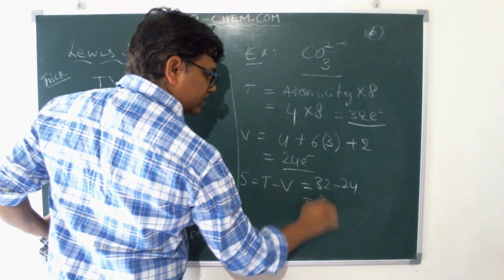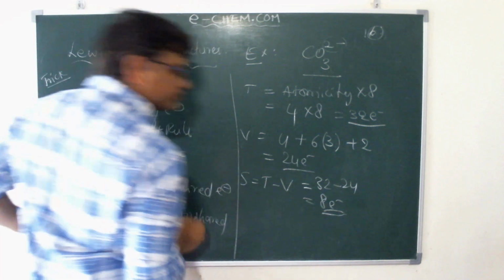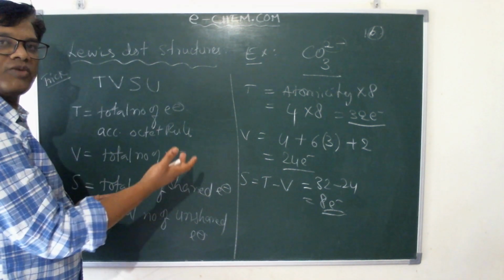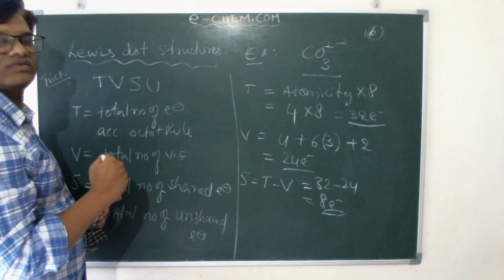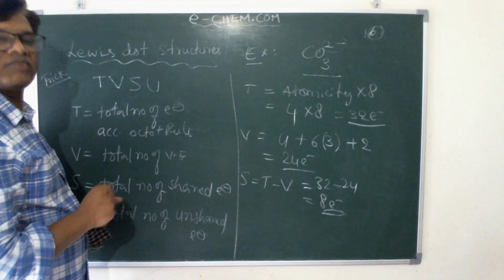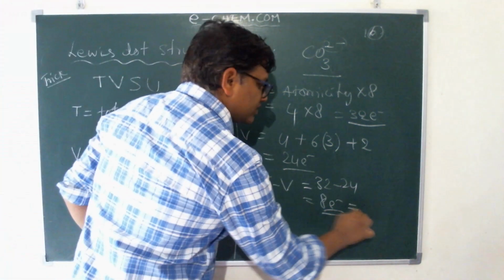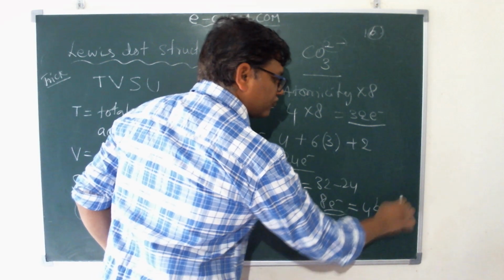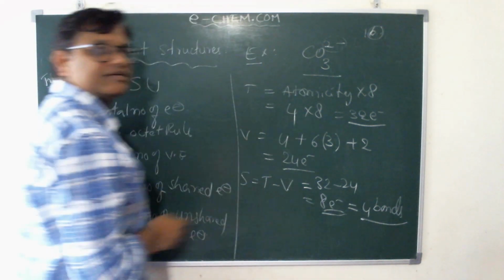So I am getting 8 electrons here. 8 shared electrons, we can make 4 bonds. If you take half the number of electrons, that many pairs we can take as the number of bonds. So with 8 shared electrons, we can make 4 bonds around your central atom.